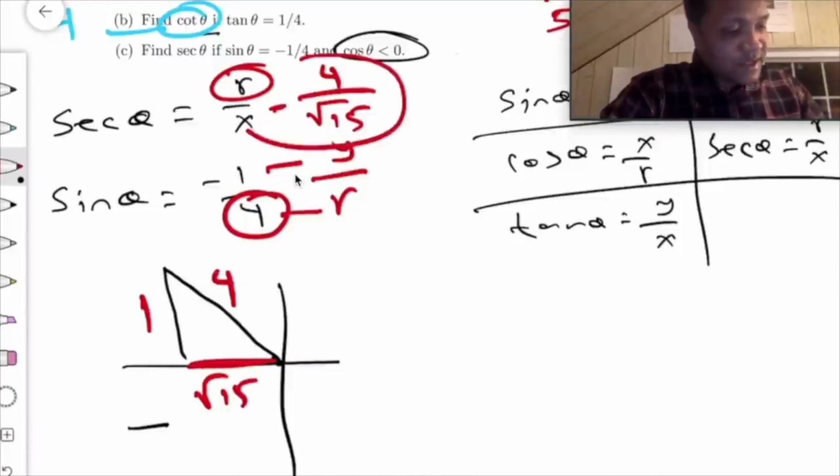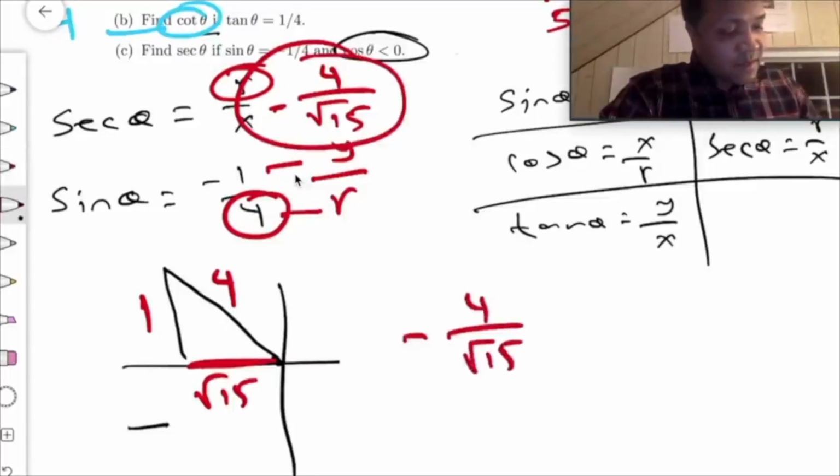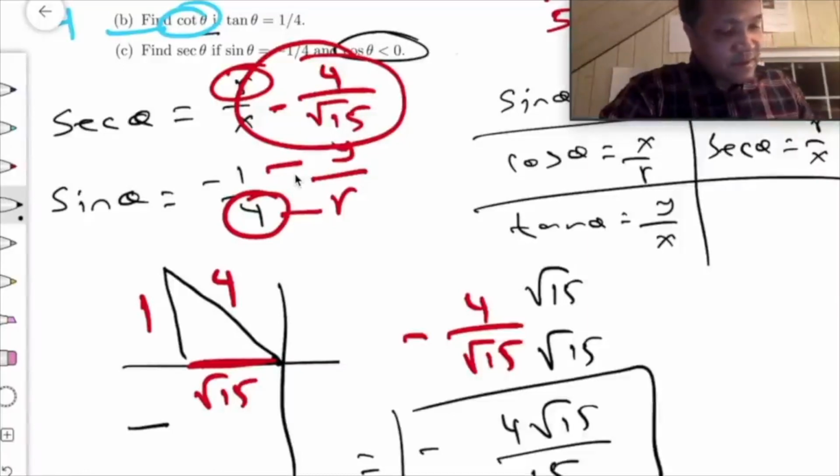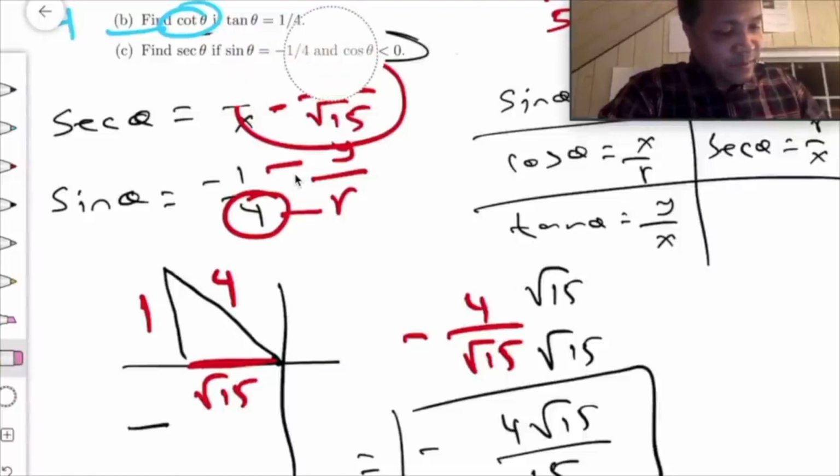We have to rationalize it. Negative 4 over the square root of 15. Multiply top and bottom by the square root of 15 to rationalize it. So our final answer is negative 4 square root of 15 over 15. That's our final answer for secant theta.